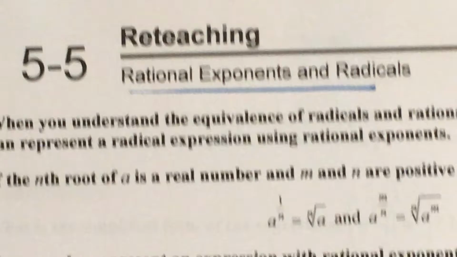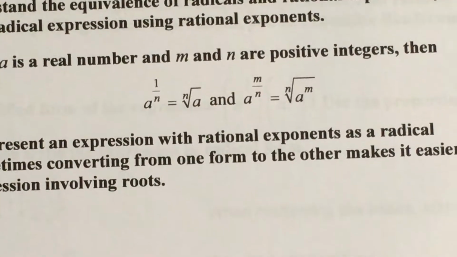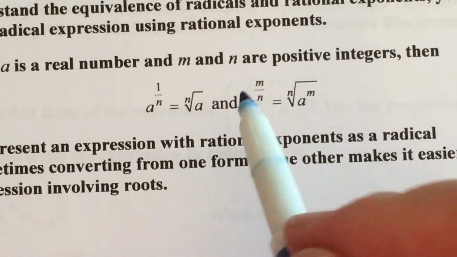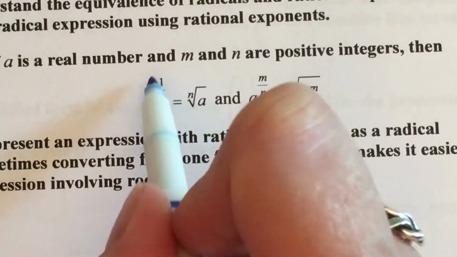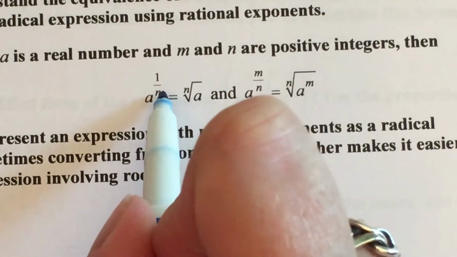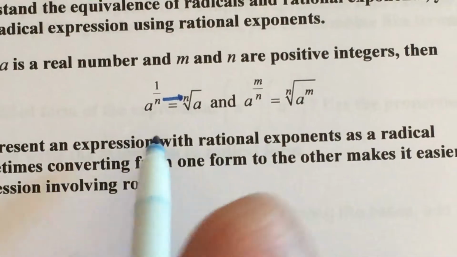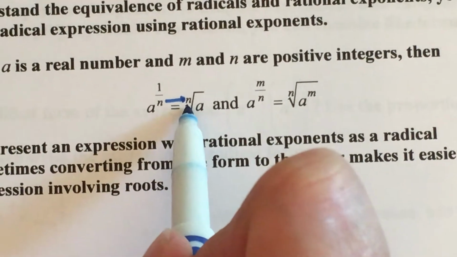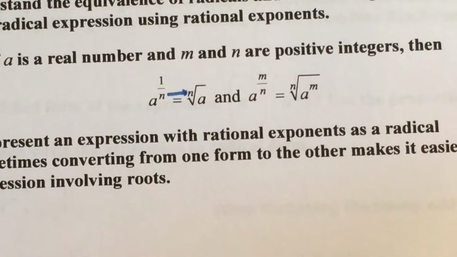All right, so the rules that you have not seen before are stated as such. If you have an exponent that is a fraction, whatever the denominator of the fraction is, that is the root of a radical.